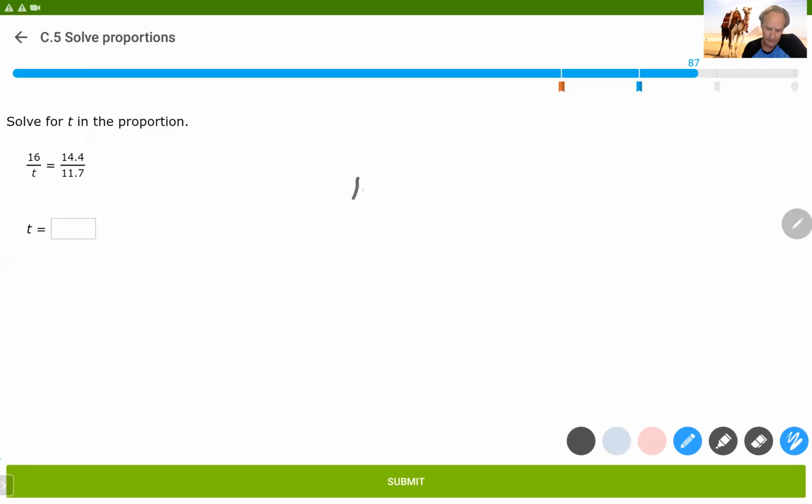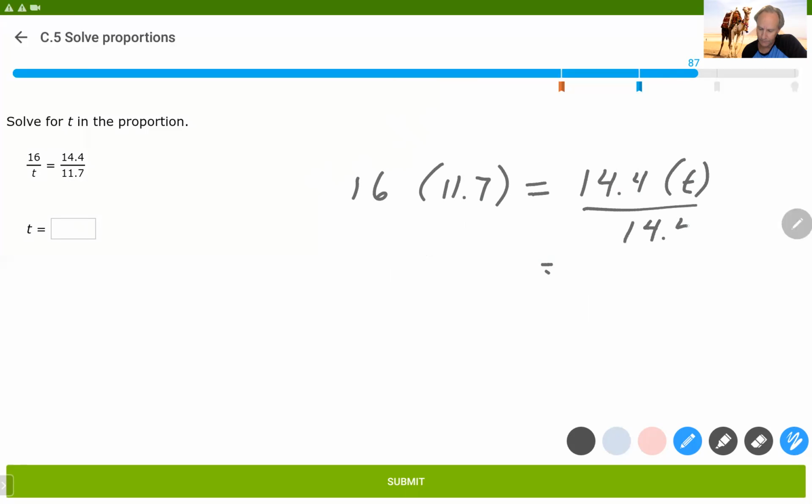I've got 16 times 11.7 is equal to 14.4 times T, and we divide by 14.4. And let me just write this equal sign a little further down. All right, we have to do a division now.